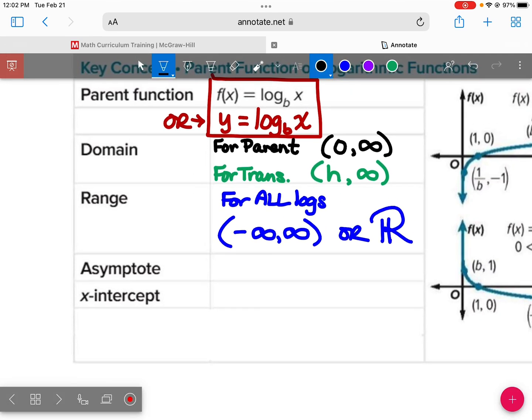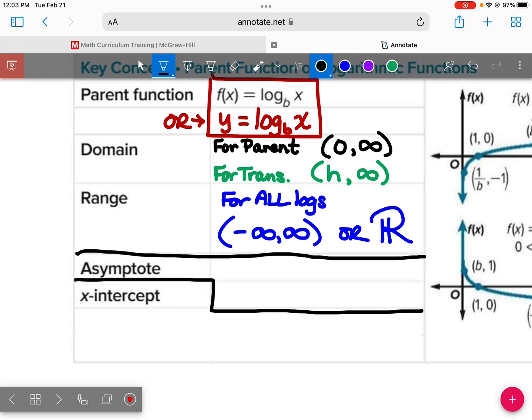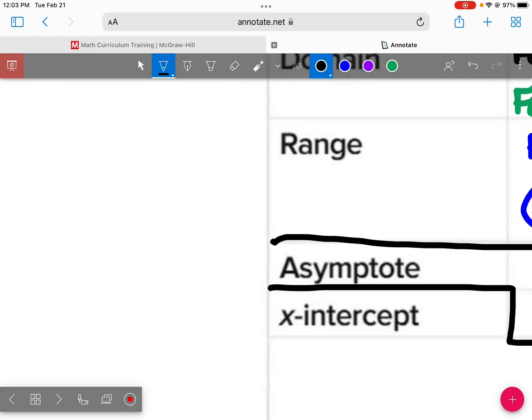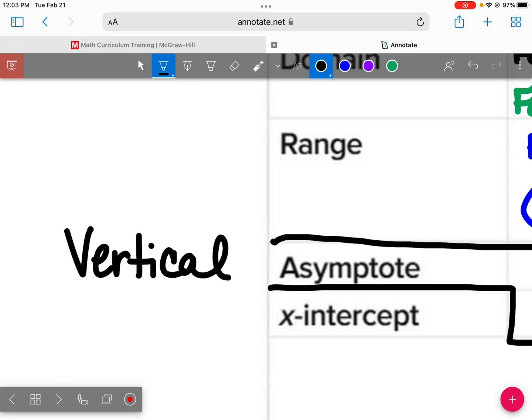All right. Asymptote. What type of asymptote does this have again? Which way does my asymptote go this time? Vertical. This is a vertical asymptote, because it's the inverse of an exponential. My exponential functions all had horizontal. When I switch the x and the y, it switches directions.